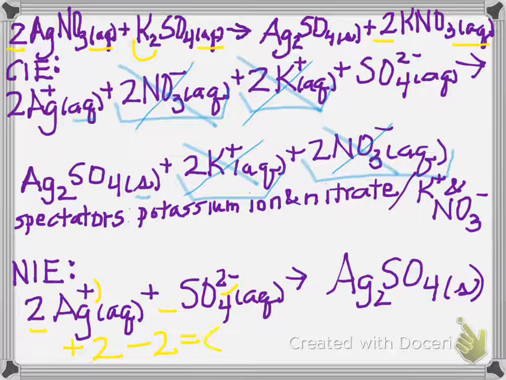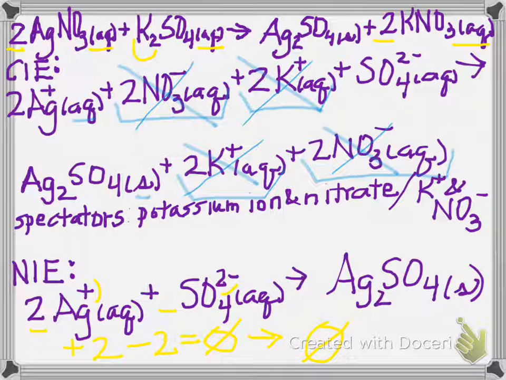Plus 2 minus 2 gives me 0. On my other side, again, I have a neutral compound that has no charge. So we have made sure also that this is balanced in terms of charge. As long as you make sure your atoms are balanced, your charge should also be balanced.